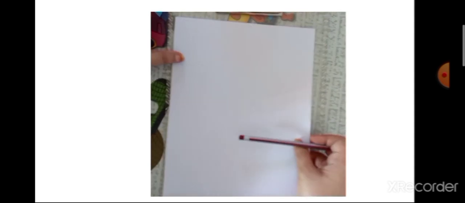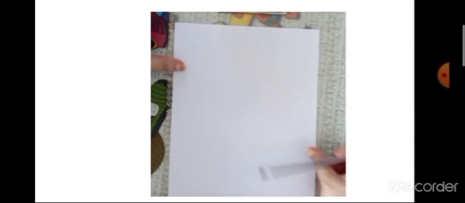Are you ready, children, with your drawing page or drawing book? Now you have to keep your drawing page or drawing book vertically like this. See that it should be vertical. Okay?